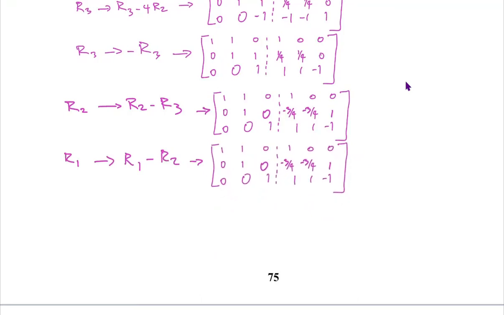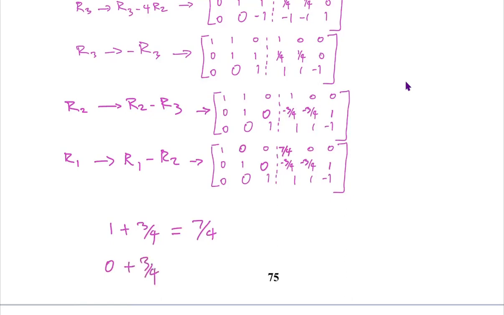So let me see. The first one is not changing because R2 is 0 below it, so 1 stays 1. This one will be changing into 0. This one will stay 0. And then this one here, we do 1 minus 3/4, so minus negative 3, so that's positive 3/4. So that equals 7/4. And then the second one is 0 plus 3/4.